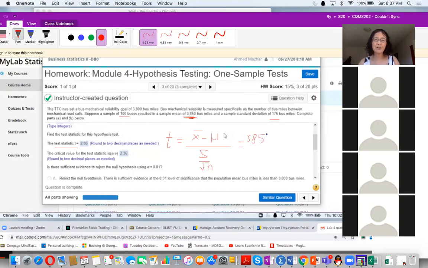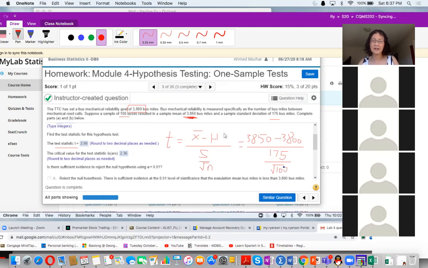Population mean mu is this one here, 3,800, that is the population mean. And then divided by S over square root of n. Sample standard deviation 175, and then square root of sample size 100.